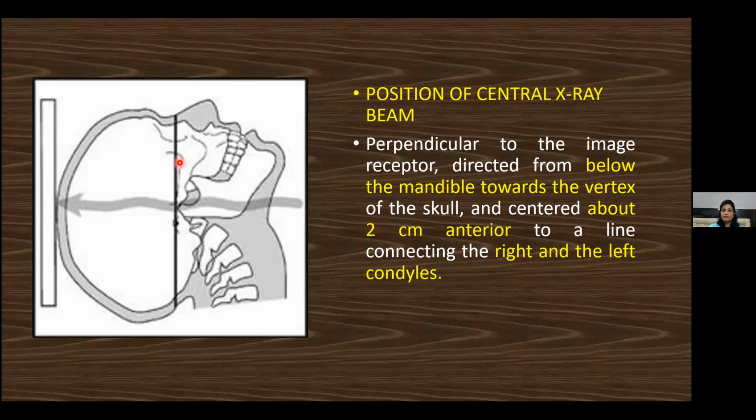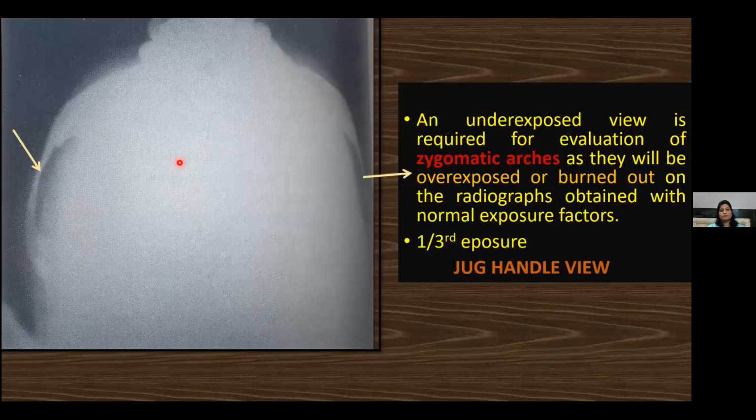Easy to remember? Okay. I told you the exposure time mostly remains between 1 to 2 or 3 seconds. If I underexpose, that is a modified submental vertex. How much underexpose? 1/3 the exposure. Everything else remains the same, positioning is the same.